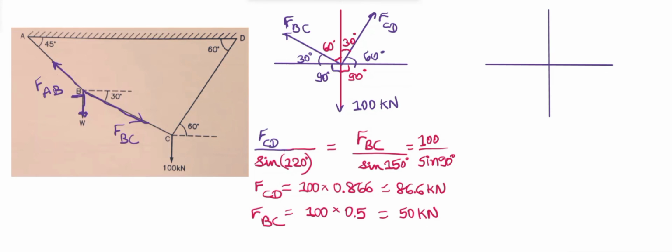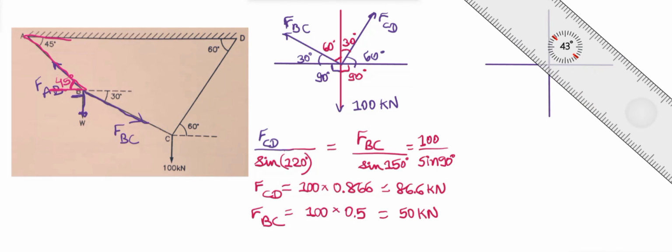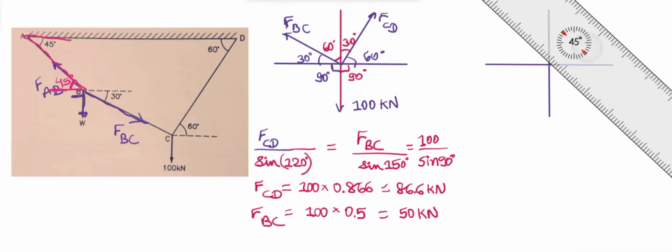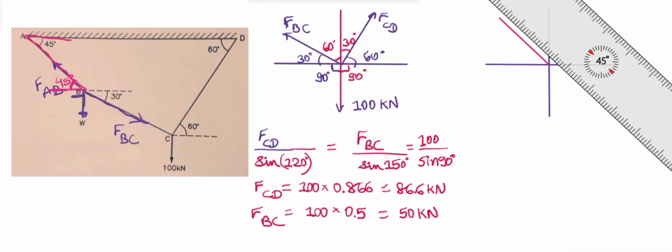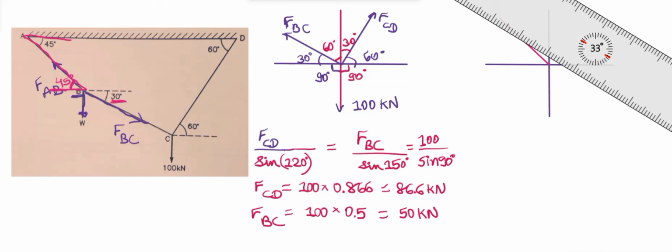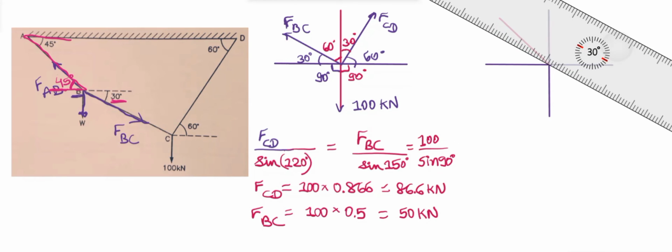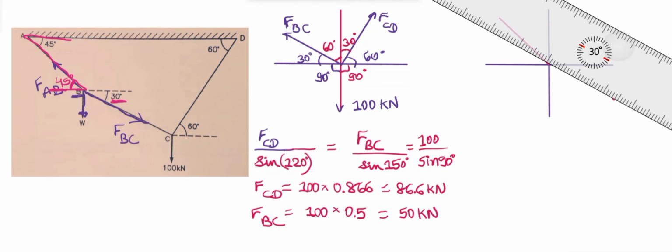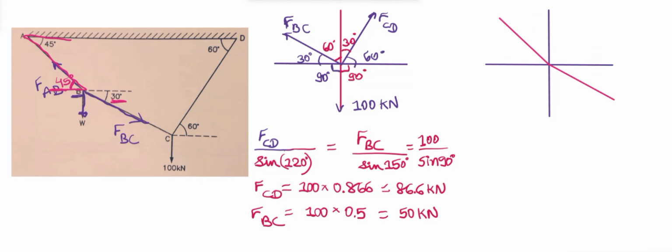FAB will be acting at an angle of, here, this is the angle, and these are vertically opposite angles. So this angle will also be 45 degree, which means FAB will act at an angle of 45 degree with the horizontal. Then we are having FBC, which is acting at an angle of 30 degree as it is given to us in the question.